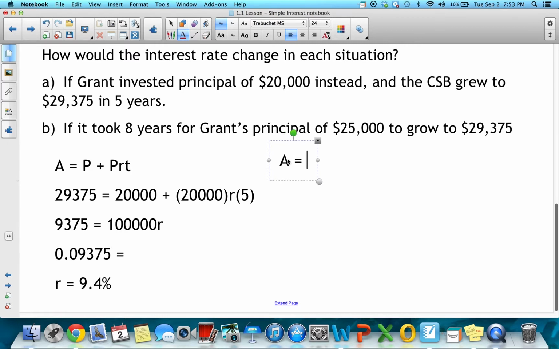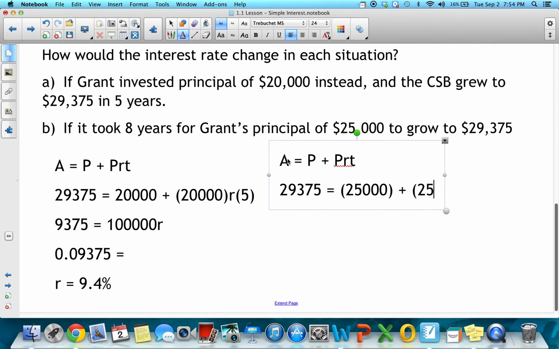Okay? In part B, if it took 8 years for Grant's principal of $25,000 to grow to $29,375. So the amount he's ending up with is staying the same. His principal is going back up to $25,000. This time, it's taking 3 more years, though.